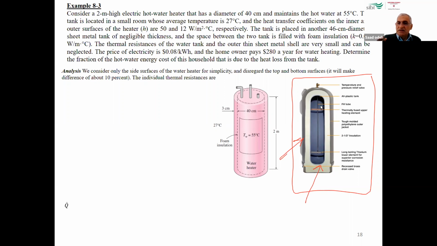Okay, good. So now this is the tank. We have been given all the details about the tank, the dimensions of the tank, and the temperature inside the tank. You can see the temperature inside the tank is 55.